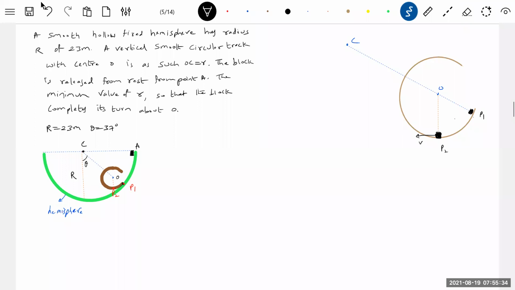The velocity at this point should be root 5gr to complete this circular track. It's a smooth circular track. So to complete this track, the velocity at this particular point should be root 5gr. For the velocity here, it will have velocity v1.